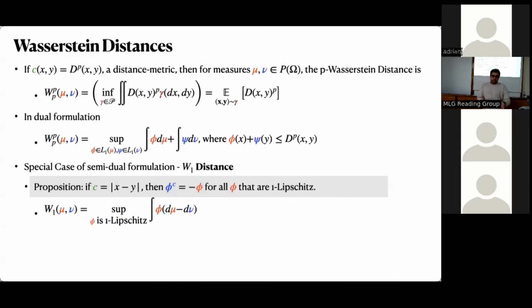Now this in general is very hard to solve exactly for arbitrary measures mu and nu. In machine learning, people do approximate solutions of this by assuming phi is a family of neural networks and then bounding the gradients or the weights of these neural networks to make them roughly one Lipschitz, and then solving the optimization problem to maximize this integral.